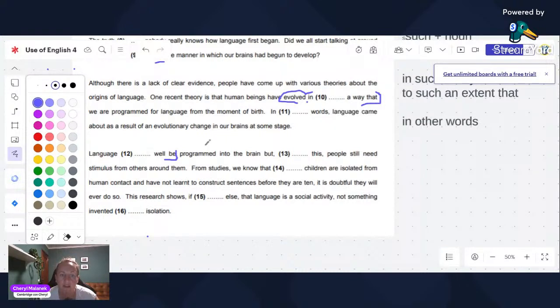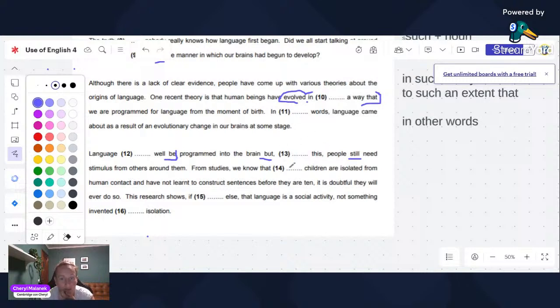So the first thing that I'm seeing is the word but. Like this is a contrast word. The second thing I'm seeing is still, which we also use a lot with contrast. Okay, so language may well be programmed into the brain, but people still need stimulus from others around them.